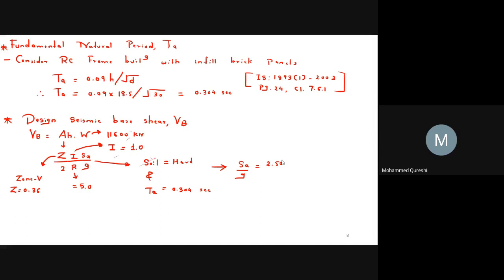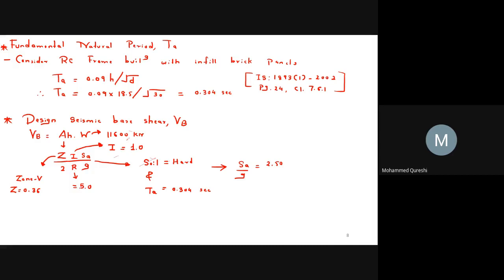So now putting all the values in the equation, AH equals 0.36 into 1 into 2.50 divided by 2 into 5.